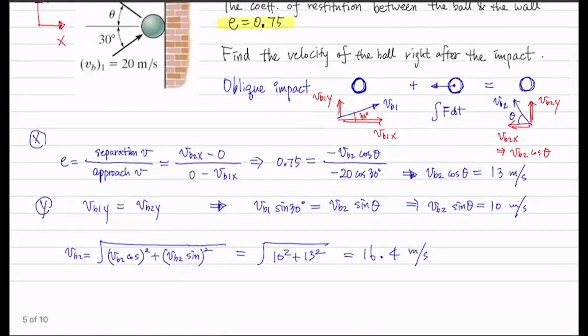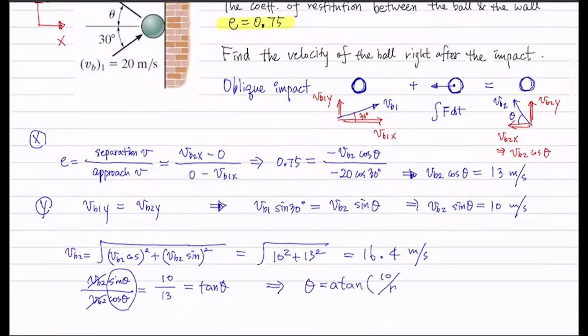And we can also find theta by dividing this over that. So VB2 sine theta divided by VB2 cosine theta is 10 over 13, right? And what's that? These two go away, and what's this one? That's tangent theta. So theta is atan of 10 over 13, and that is about 37.6 degrees.